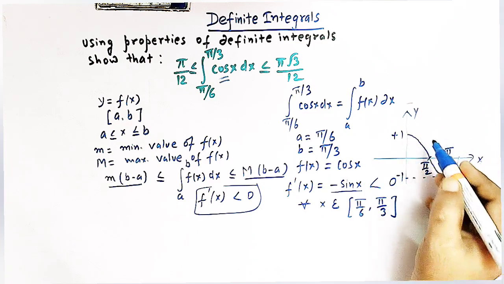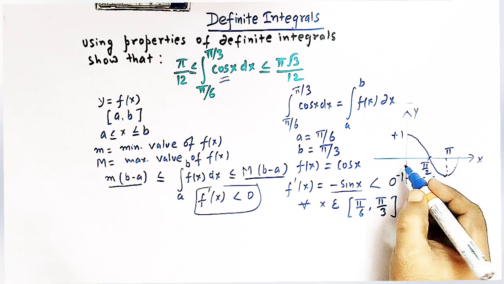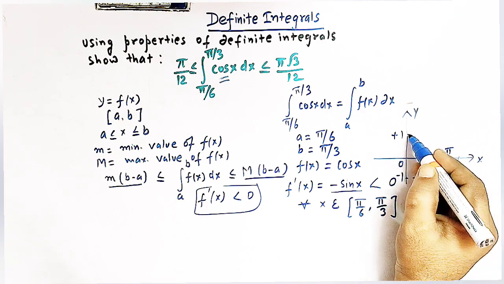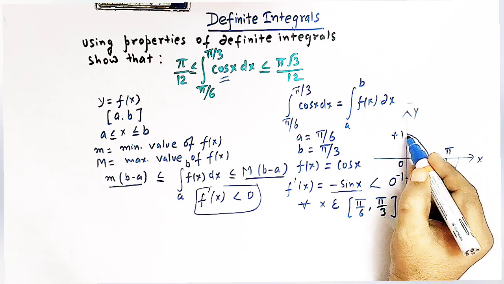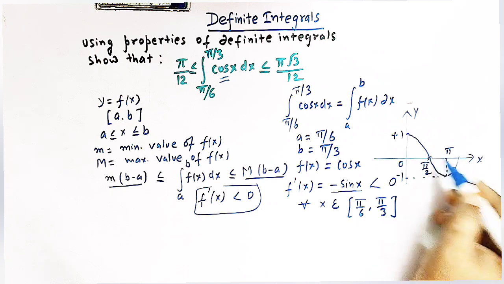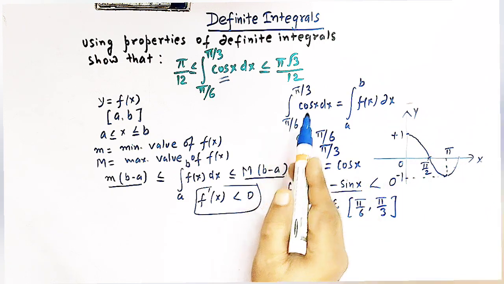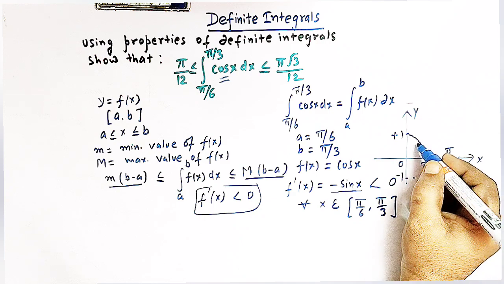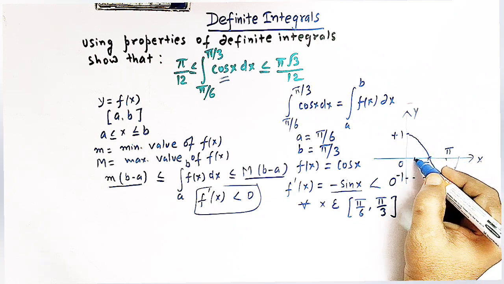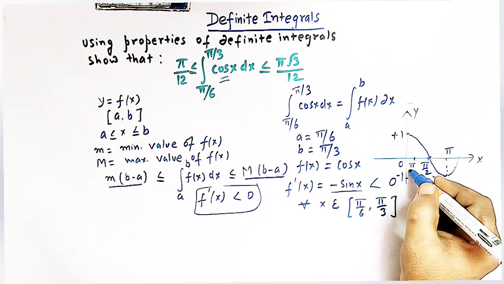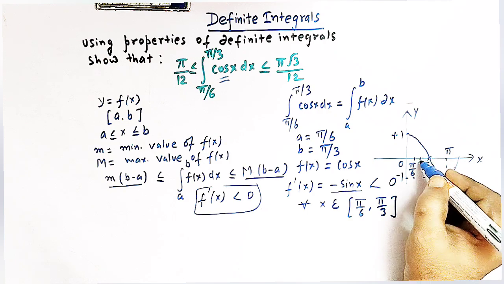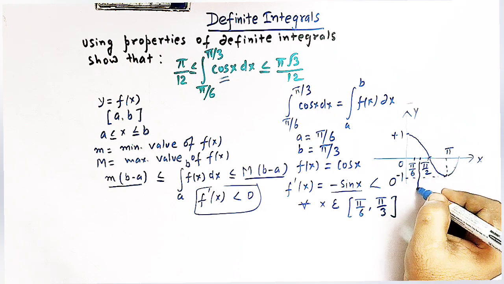So the graph of cosine x from 0 to pi by 2 is given by this curve, and here the interval is given as pi by 6 to pi by 3. So pi by 6 lies somewhere here, and pi by 3 lies somewhere here, right?